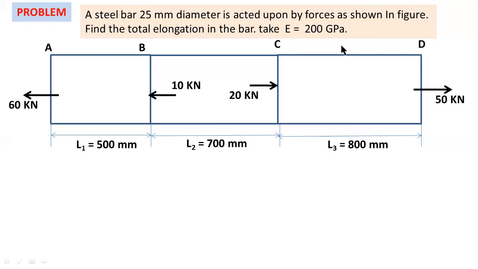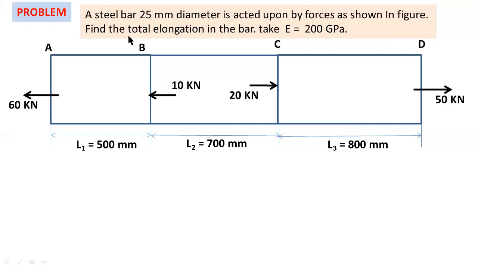Here you can observe 1 gigapascal, G means giga, Pa means pascal. 10 power 9 pascals, or 10 power 3 megapascals, or 10 power 3 Newton per mm square. These are the units for Young's modulus.